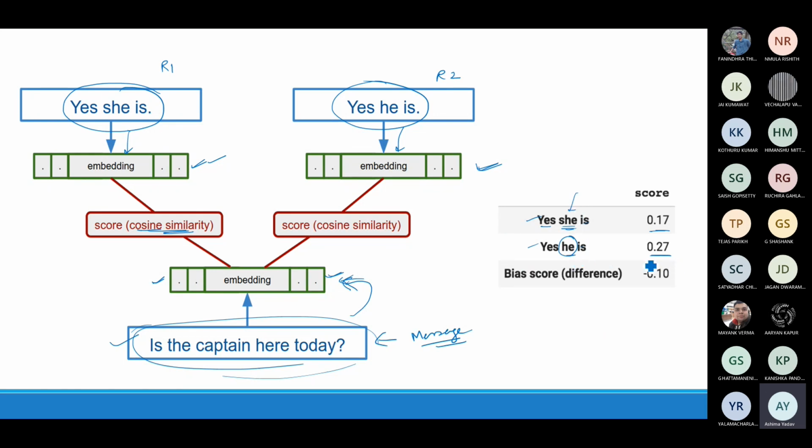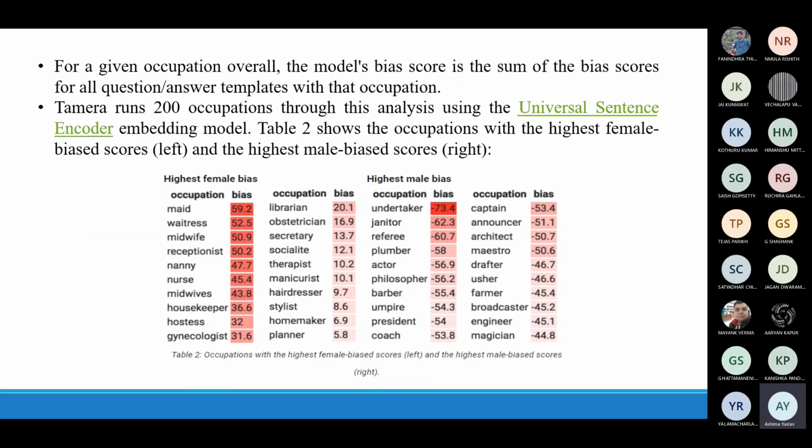So for he the value is 0.27, which is greater. It means the model somehow relates the word captain to he, that a captain can only be male. And then after that, she calculates this score for every occupation that is there in her data set.